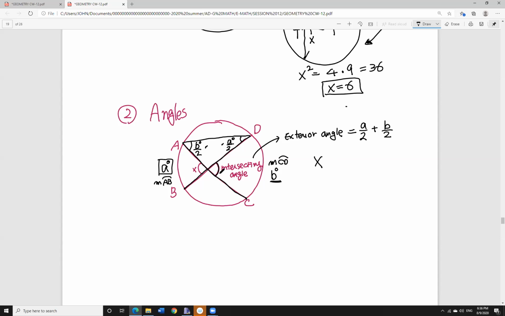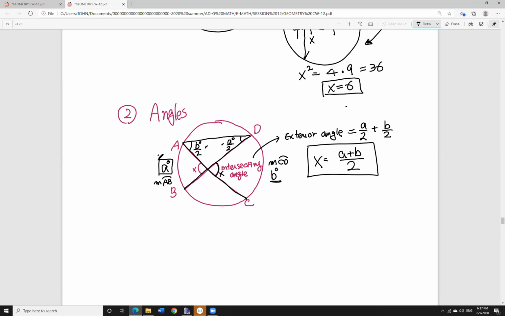X equals, because this is X, the same angle, right? X, which is the intersecting angle, equals what? Simplify. Numerator, denominator 2, right? So A plus B over 2, isn't it? What is this?